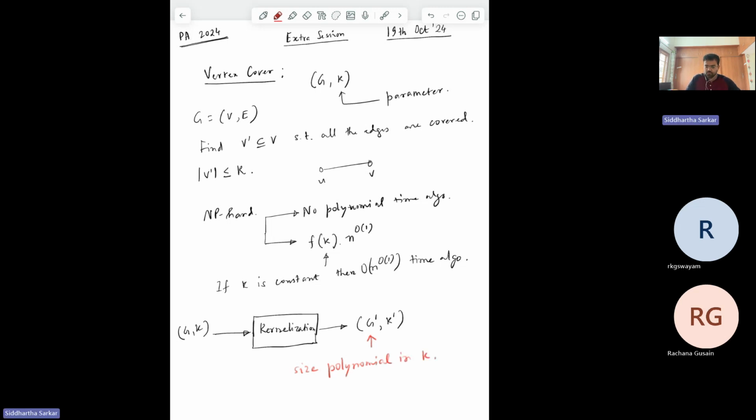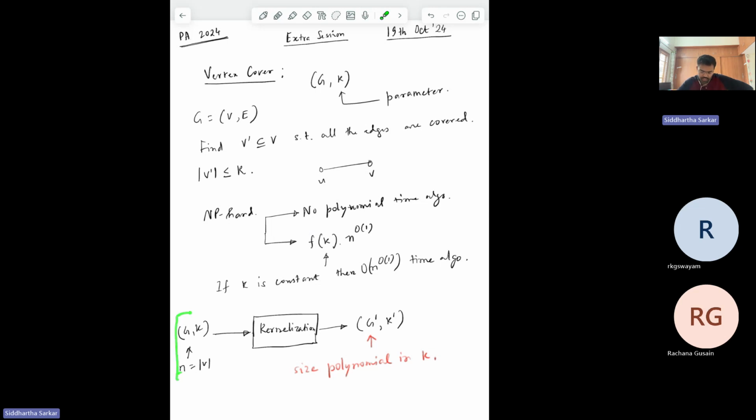If we can show that from a graph of size n, where n was the number of vertices, you obtain a graph whose size is polynomial in k, then now that you have a manageably small graph, you can use brute force and achieve a running time of this form, some function of k times n to the power of a constant.